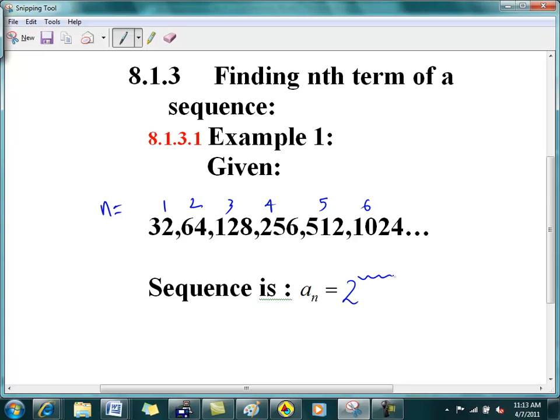So you have to stop here and think a little bit. If you look at this, you know that this is 2 to the 5, this is 2 to the 6, 2 to the 7, and so on. So right here you're adding 4 to n every time. So then this becomes 2 to the n plus 4. Is everybody with me? Again, you can see that there's no formulaic way of really finding the answers to this. Some of it is really gut feel, and some of it is great facility with numbers. If you know your numbers really well, then this becomes easy.